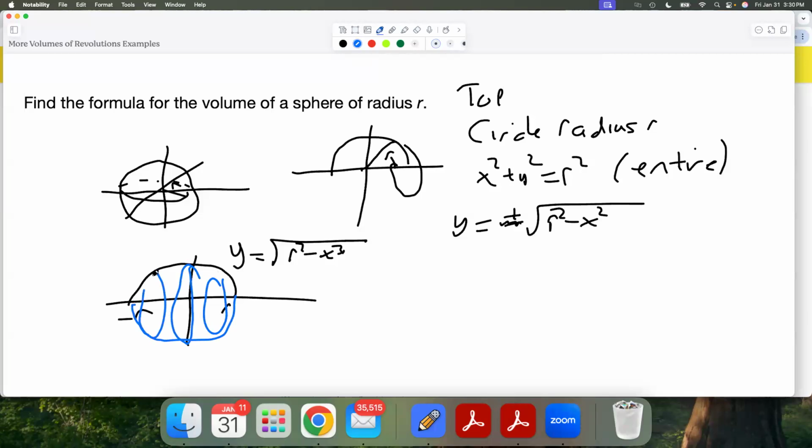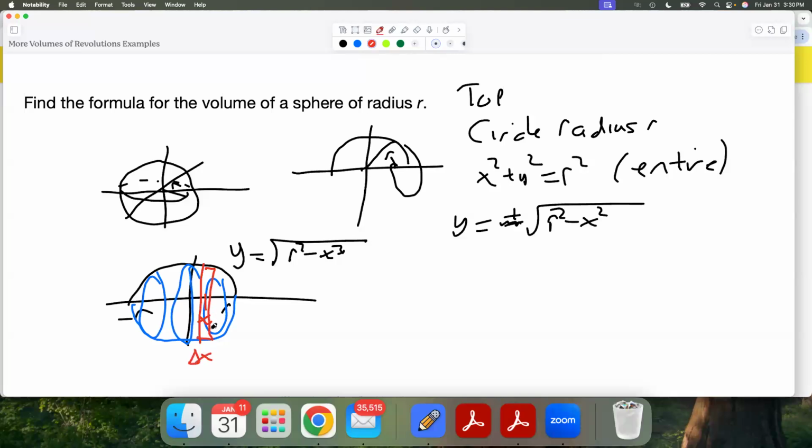And I'm going to build disks that live along the x-axis. So I'm going to pick some random x value, maybe right there. Now I'm going to have some disk right there. It has some thickness delta x.